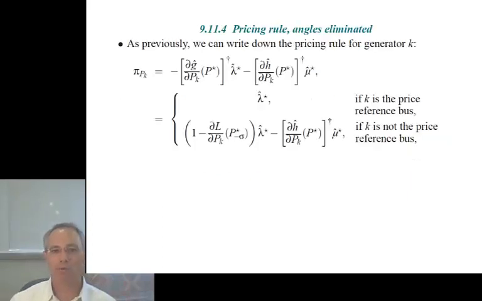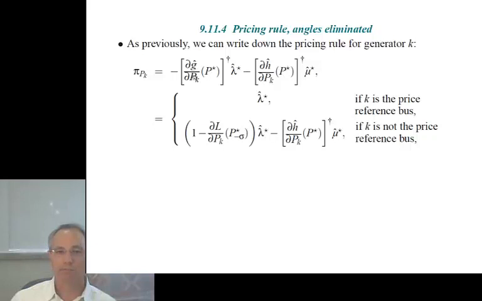As previously, we can write down the pricing rule for generator K. Pi PK is minus dG hat by dPK evaluated at the optimizer, transposed, times lambda hat star, minus dH hat by dPK evaluated at P star, again transposed and multiplied into mu hat star.